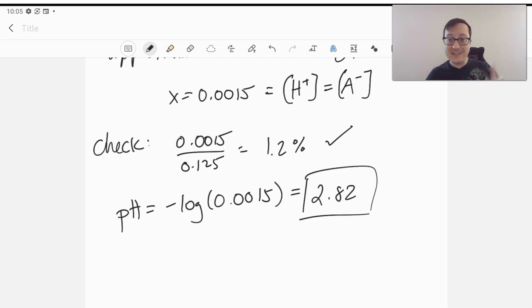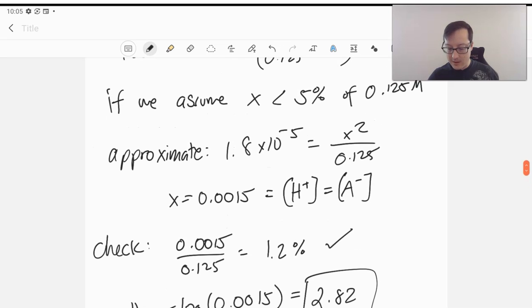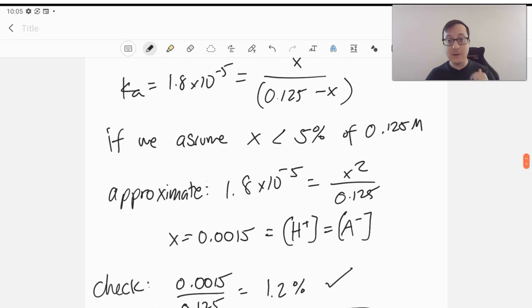All right, so this assumption that we made here, if we assume x is less than 5%, we get rid of it in the denominator term. We can just pretend it's not there because it's so small that it's not going to greatly affect our calculation.